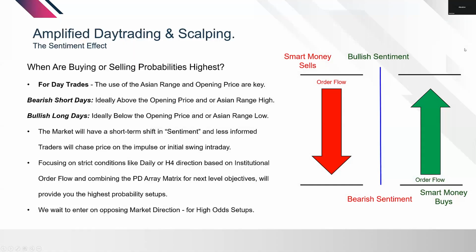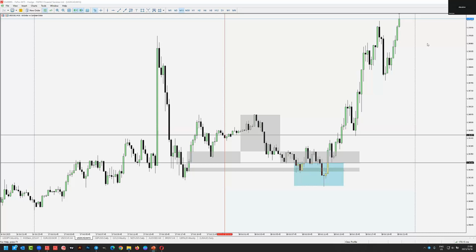So the market will have a short-term shift in sentiment, right? And less informed traders will chase price on the impulse or initial swing intraday. Now, if market sentiment on USD CAD is bullish, how many people do you think started selling after seeing this move to the downside? A lot of people, those who are less informed.